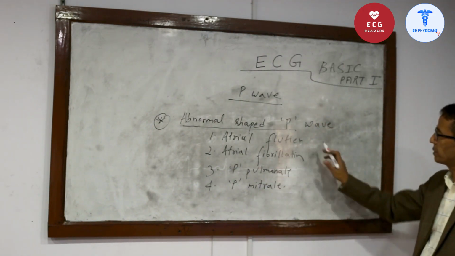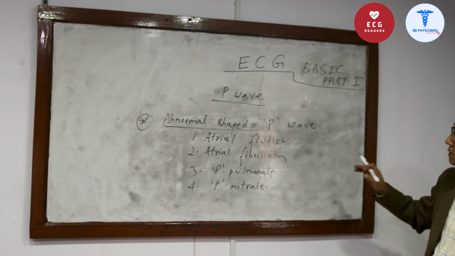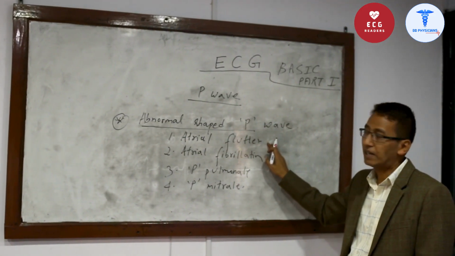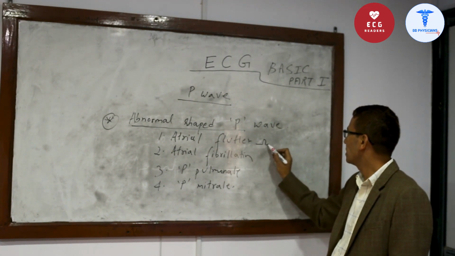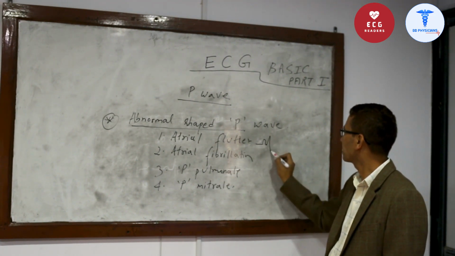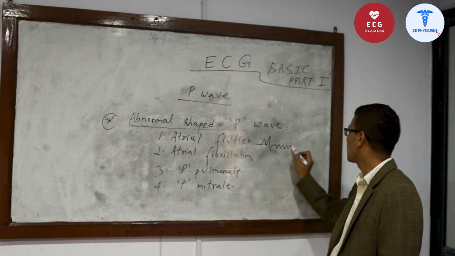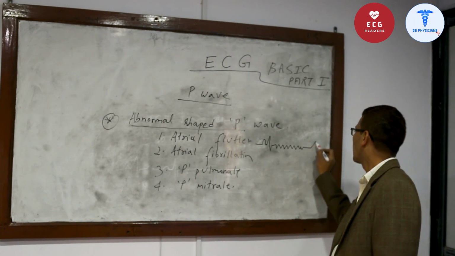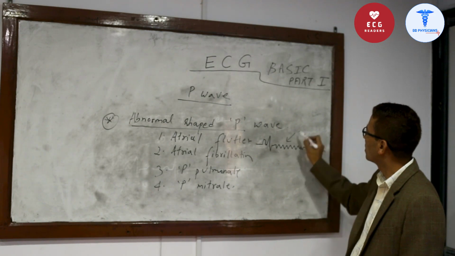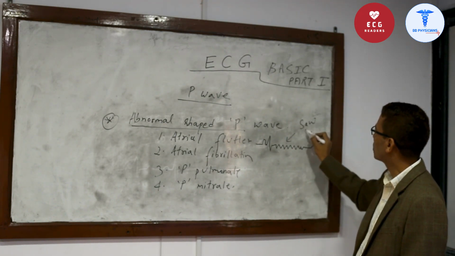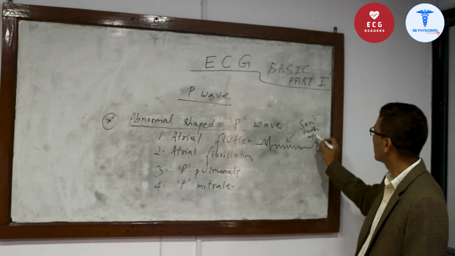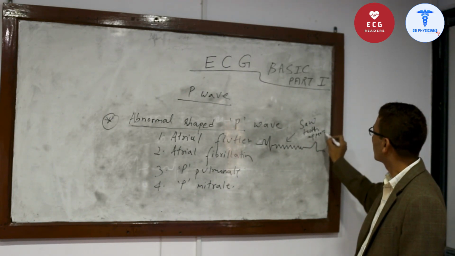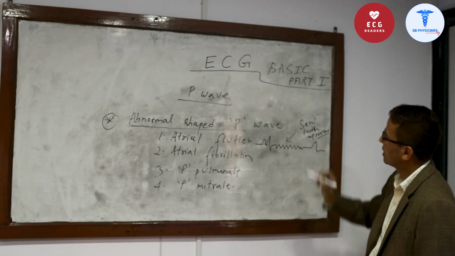In atrial flutter, the ECG picture is very typical. It is a condition where the P wave looks like a sawtooth. Sawtooth appearance is seen in atrial flutter.